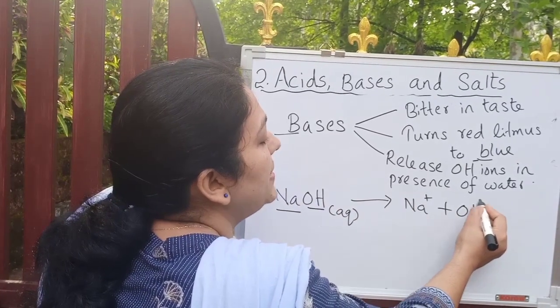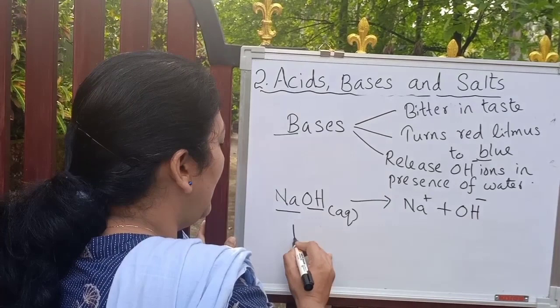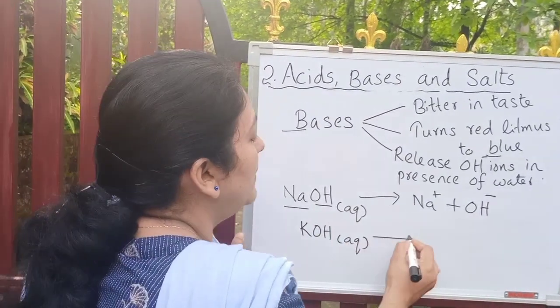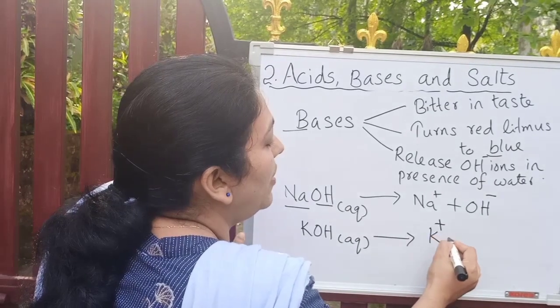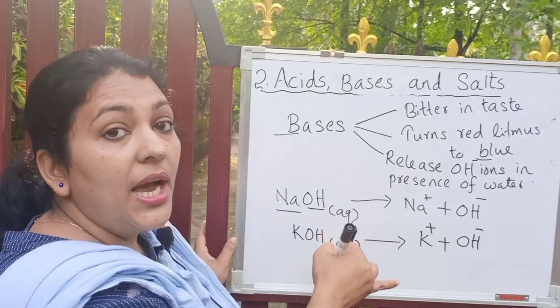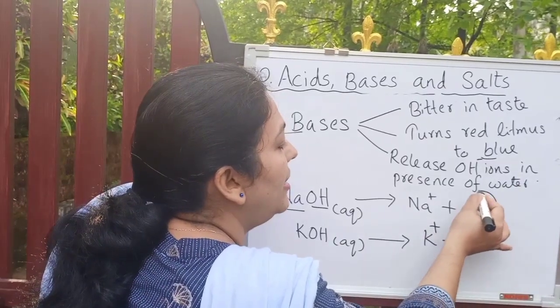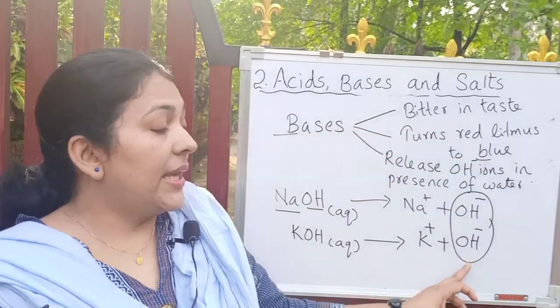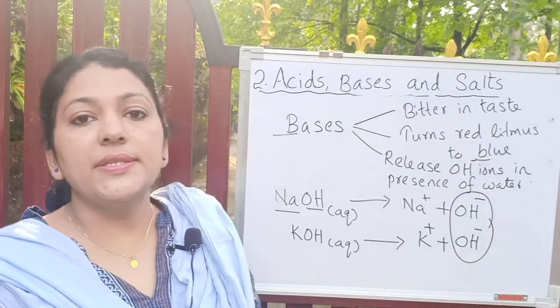OH minus ions, isn't it? Similarly, potassium hydroxide in the presence of water will split into a potassium positive ion and a hydroxide ion. So generally, when a base dissolves in water, it releases OH minus ions.